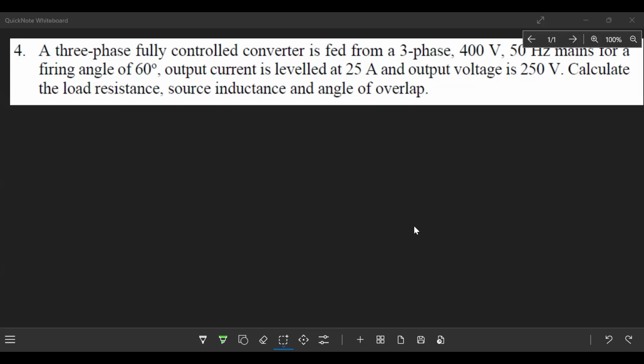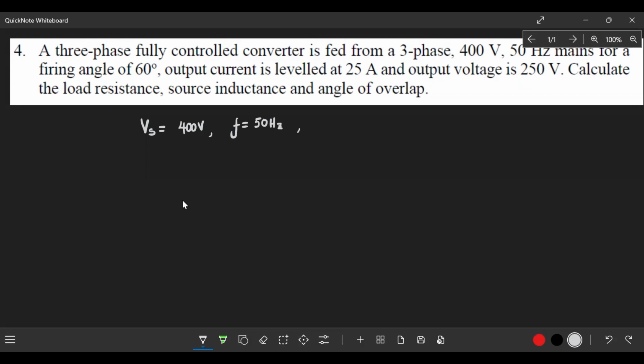So we are given the supply voltage. Let me just list everything that is given. The supply voltage, VS, which is RMS, is 400 volts. We are also given the frequency, which is 50 hertz.